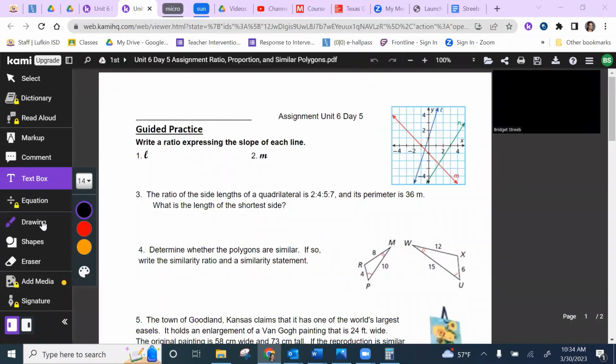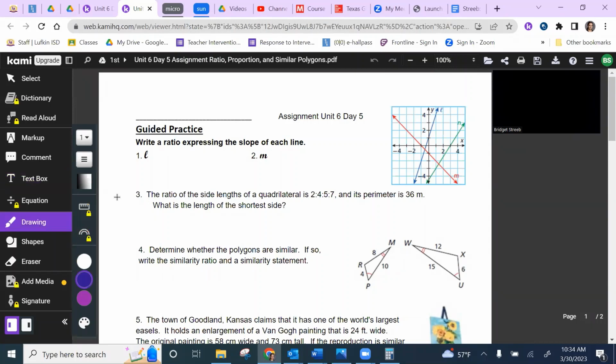So now we're on the guided practice. So for L, finding the slope of line L. So again, we find a point and we go up and then over. So that's a +3 and a +1. So that's 3 over 1, which reduces to 3.